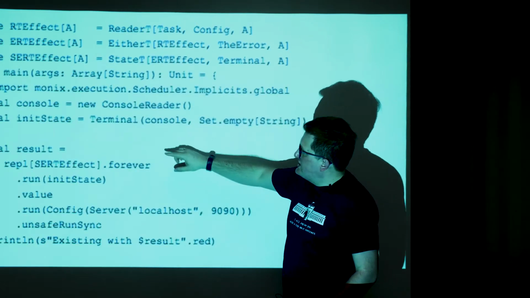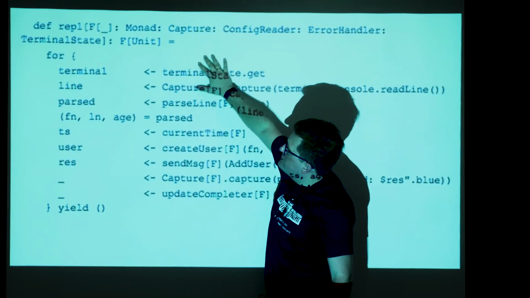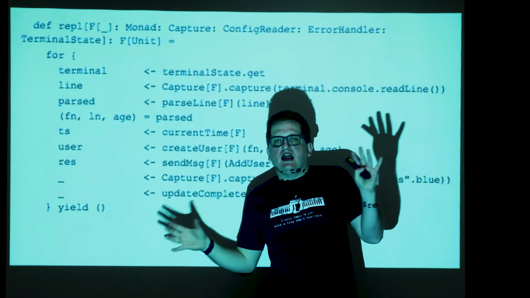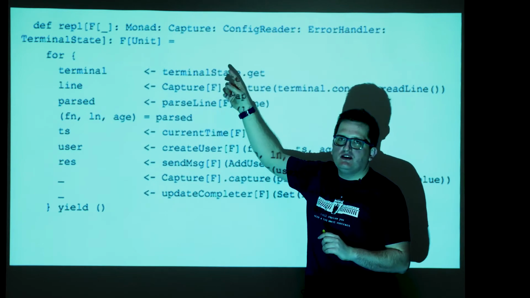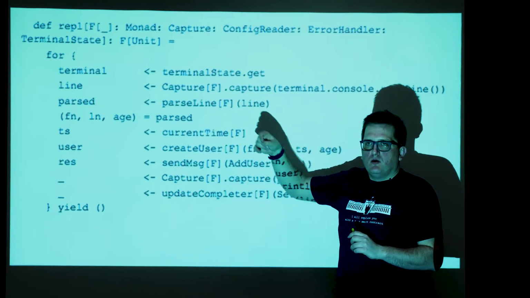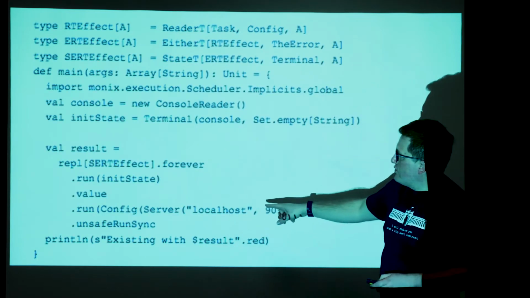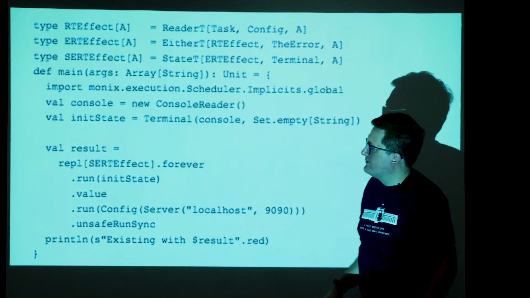So now you have this REPL, which is completely unaware of what type it's going to be used with, but you're constraining that type with all the capabilities that are needed. And you can run it with our monad transformer.